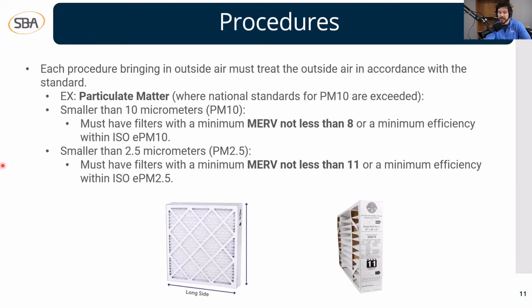Specifically, our PM10 and PM2.5, our ozone, our CO2, and any other regional pollutants. So if pollutant levels are above national thresholds, you'll need to add filtration or treatment before that air comes in to our building.